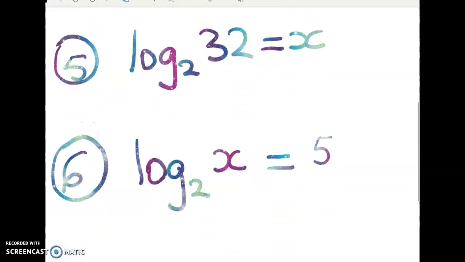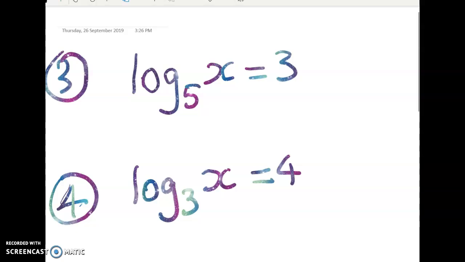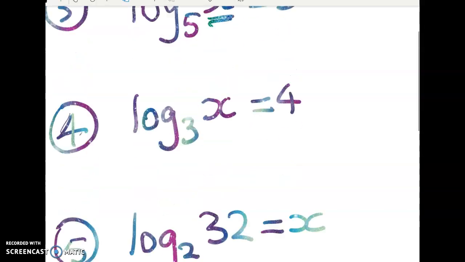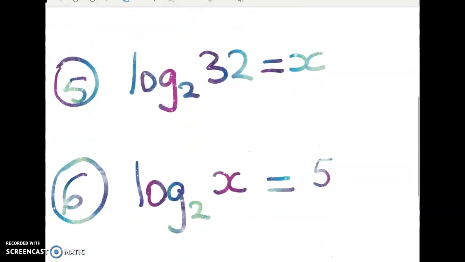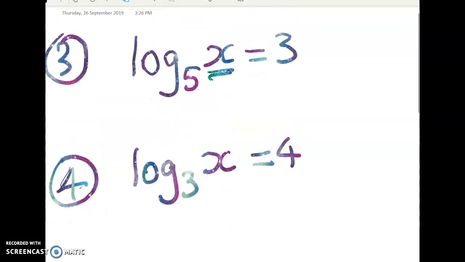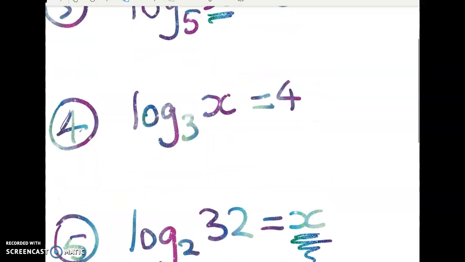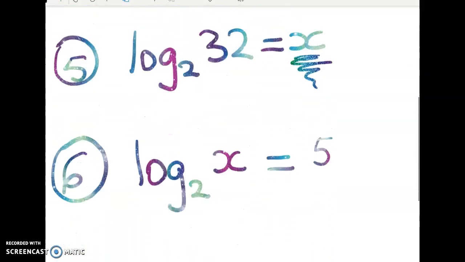So these are practice questions. There are some where you have to figure out the answer, and some where you have to figure out what the power is. Mostly you have to figure out the answer, which is the easier one. But whatever works for you, you can try and write your own.